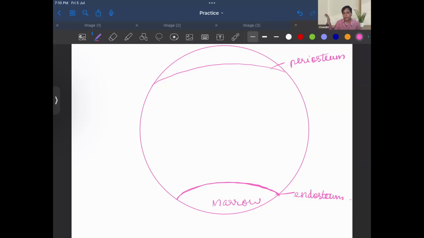Now, just like how the perichondrium had an outer fibrous layer and inner cellular layer, similarly, even the periosteum and endosteum have similar layers, okay? So when you draw it, you draw an outer fibrous layer and an inner cellular layer. All right? Nucleus, nucleus, nucleus.